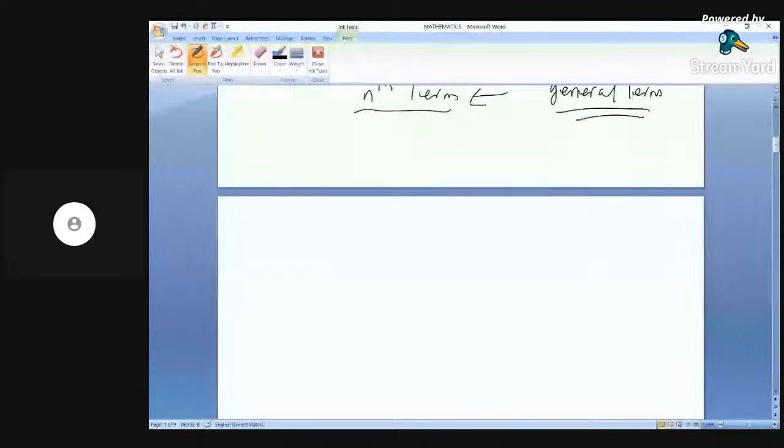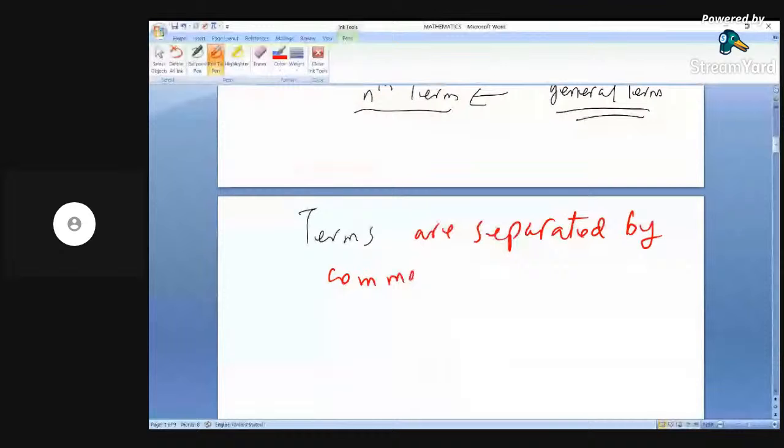Terms are separated by commas. Taking the above example, between 1 and 3 there is a comma, between 3 and 5 there is a comma, between 5 and 7 there is a comma, and so forth.